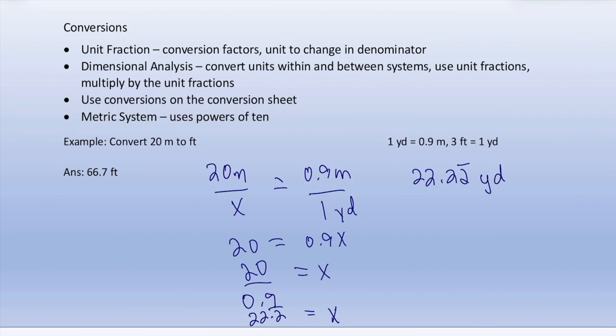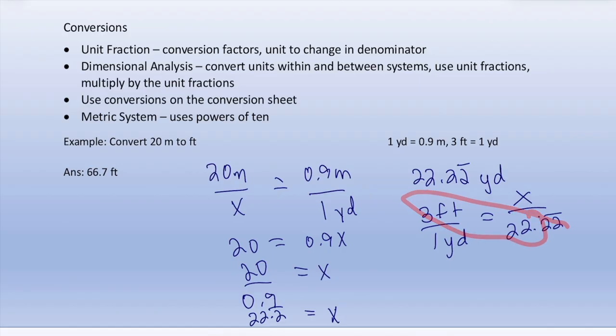Now I know that every yard contains 3 feet. So if 3 feet is 1 yard, then 22.22 repeating is how many feet? So you can see that we're going to multiply by 3, and then that's going to be our answer.